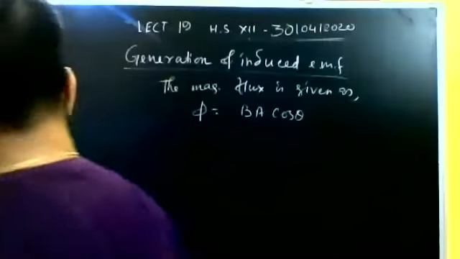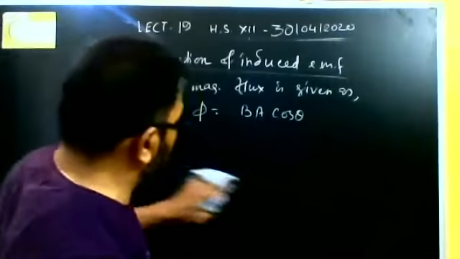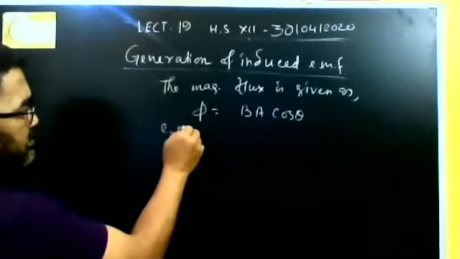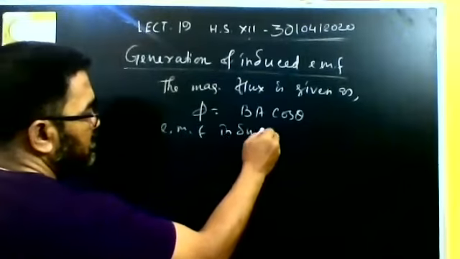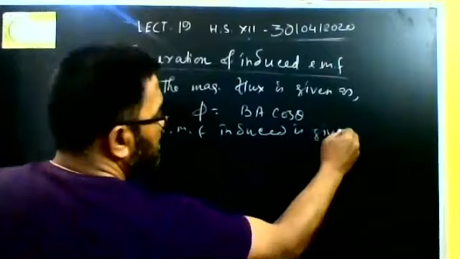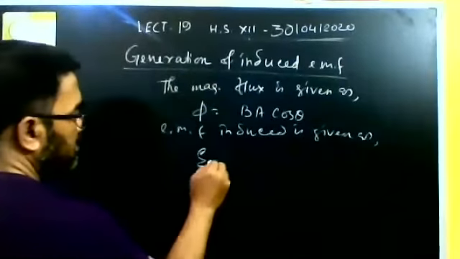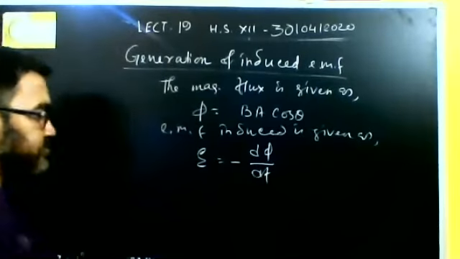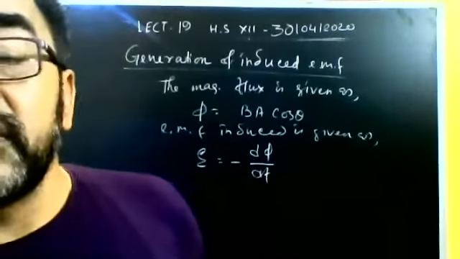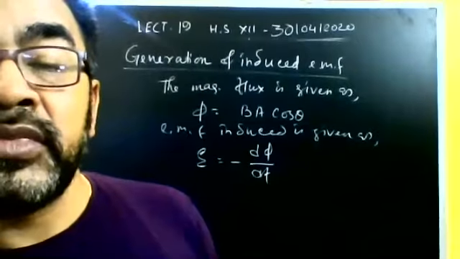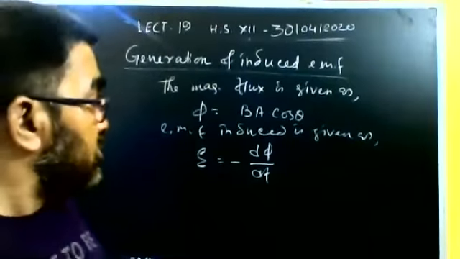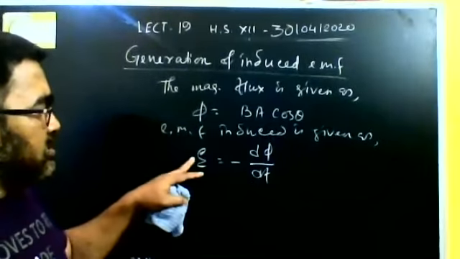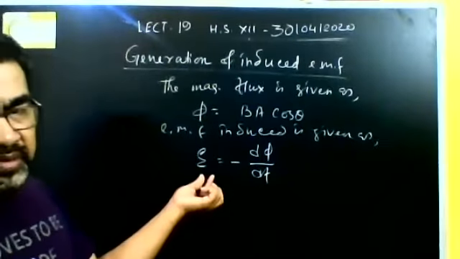So you see, the EMF induced is given as minus d phi by dt, right? So change of flux with respect to time produces induced EMF.